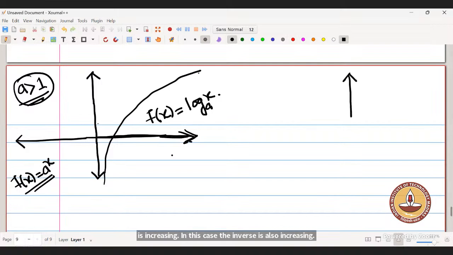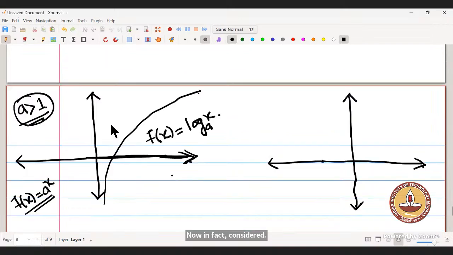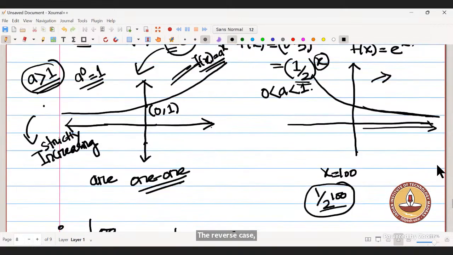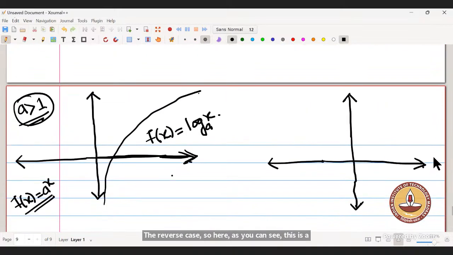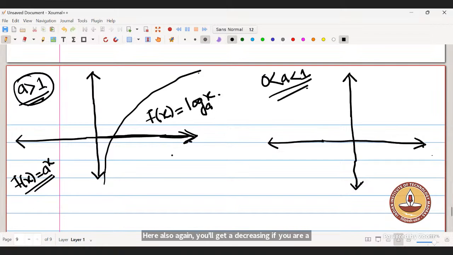Now, if I consider the reverse case, here, as you can see, this is a decreasing function. Here also, again, you will get a decreasing function if your a is between 0 and 1.